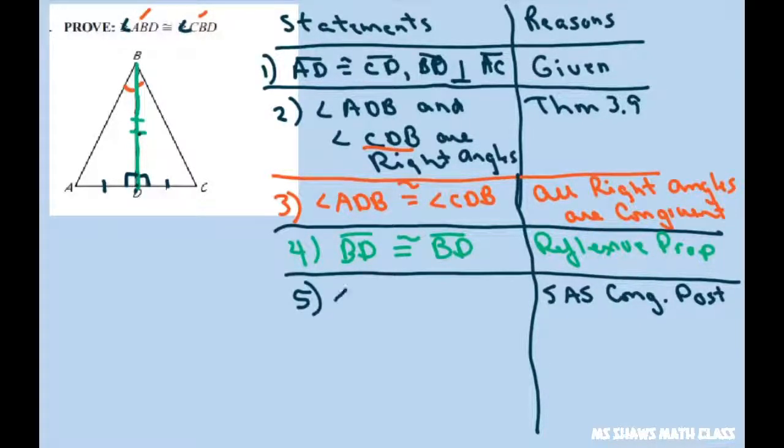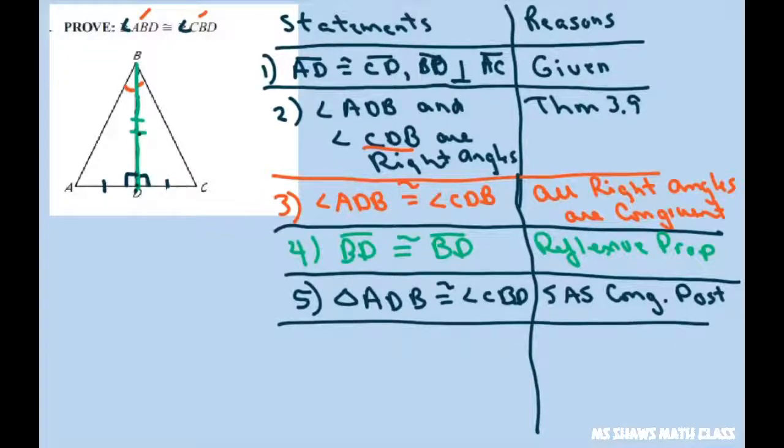So I can say triangle ADB is congruent to triangle CBD. All right. Now, since the triangles are congruent, I can say that my angles are congruent.